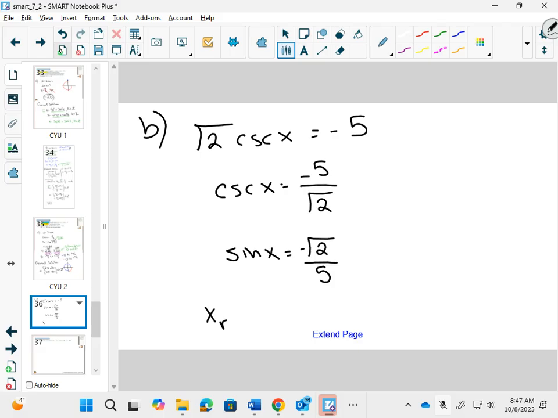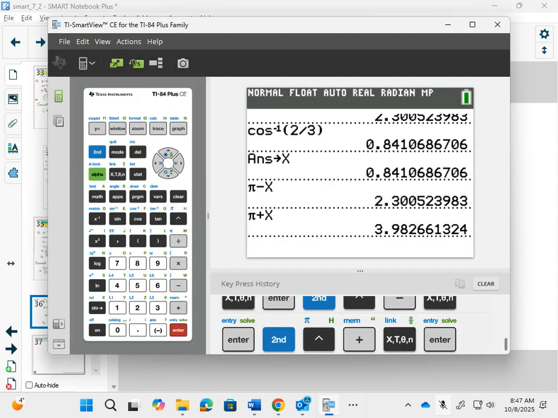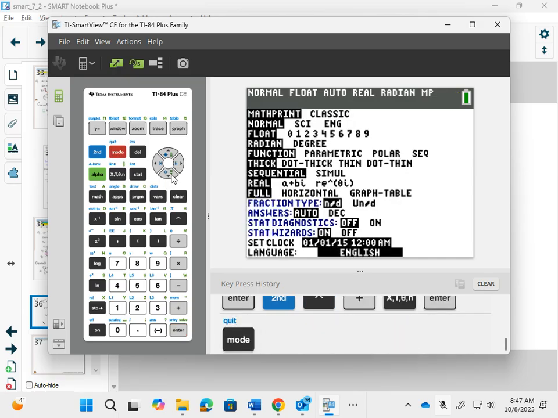And now we have to find our reference angle. I notice in my question that the question was in degrees. So on my calculator, however you have to do it on your calculator, my calculator was in radians. I'm going to switch back to degrees and push enter.